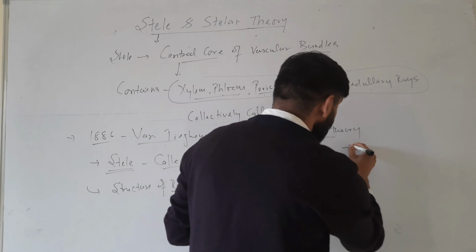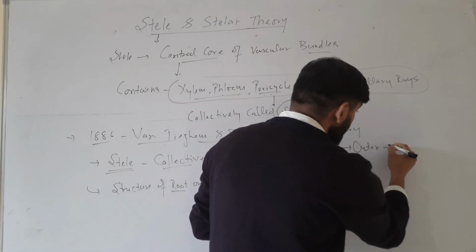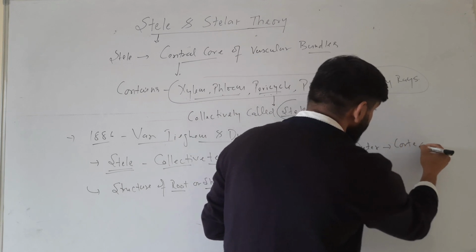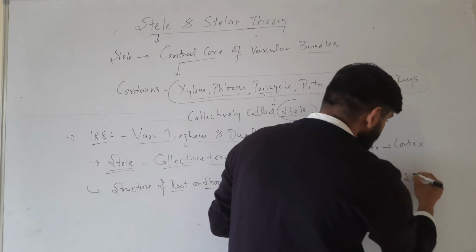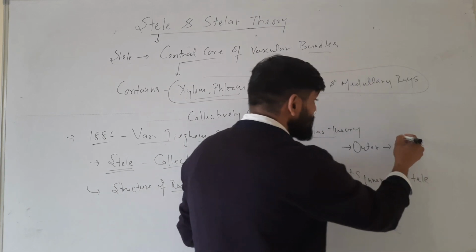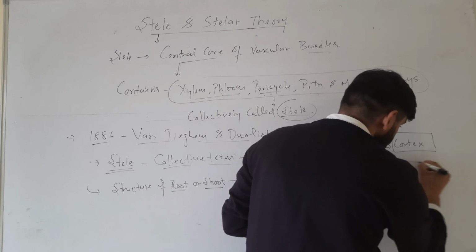One is the outer part, which is the cortex, and the inner is stele. So it has two main components, cortex and stele.